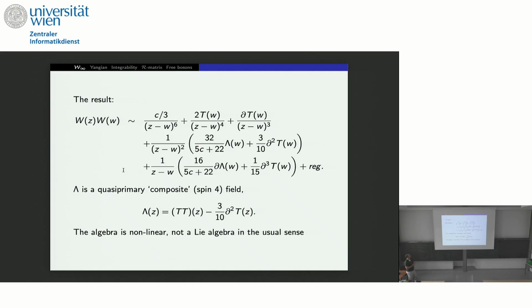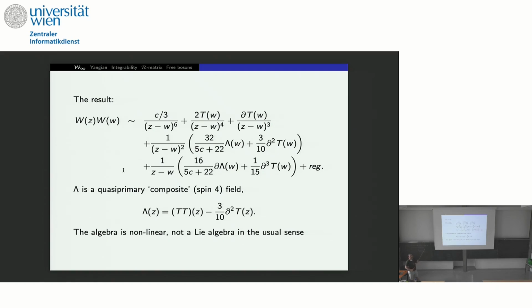But this is something to be expected, because if the dimension of these fields is 3, as we assumed from the beginning, then the highest singular part is of degree 6, and then the smallest one has degree 1 multiplied by a field of dimension 5. So you see that since the stress energy tensor squared has dimension 4, there is space in the singular part of the OPE for these nonlinearities.